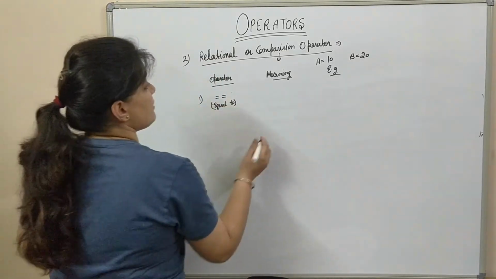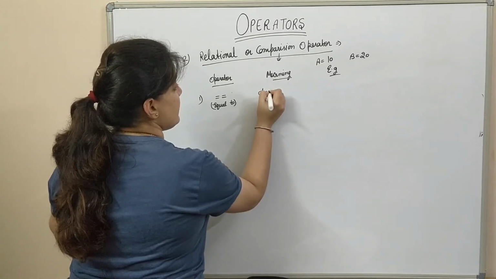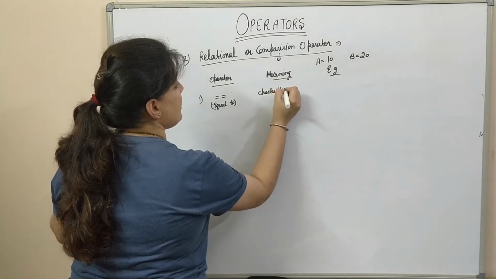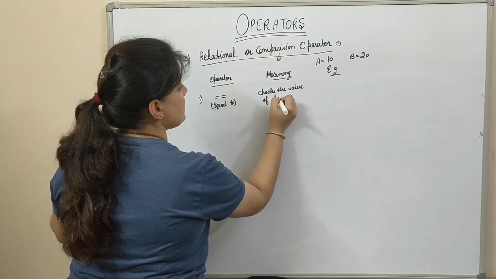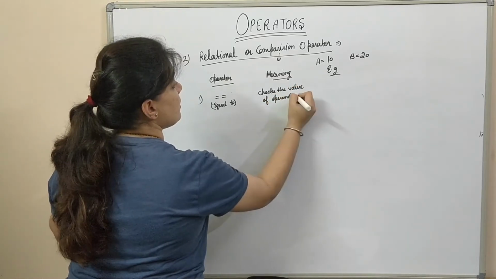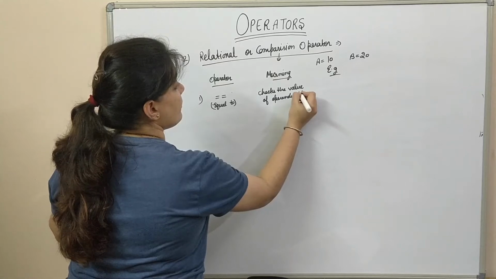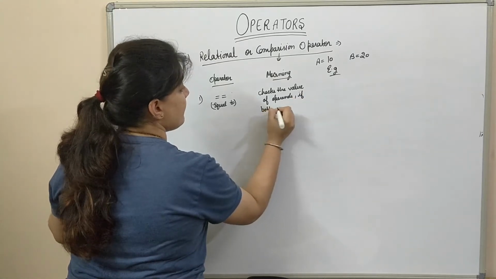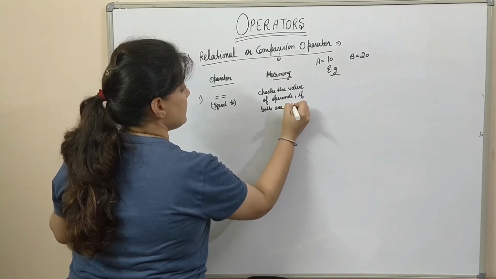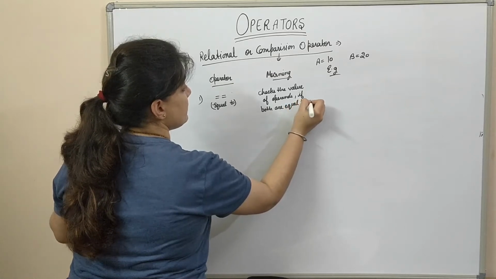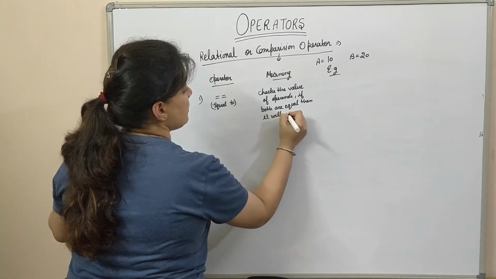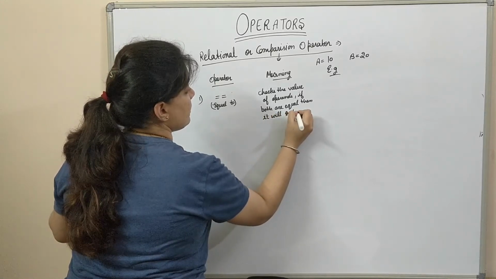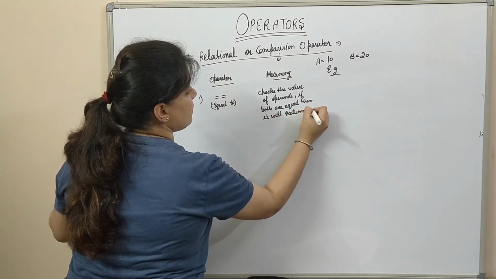So it is used to check the value of operands, and if both are the same or equal, then it will return true.